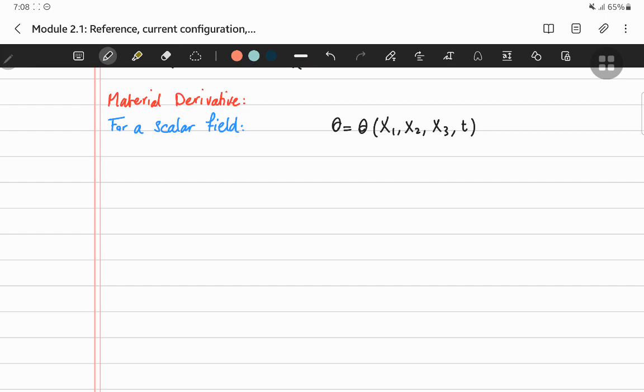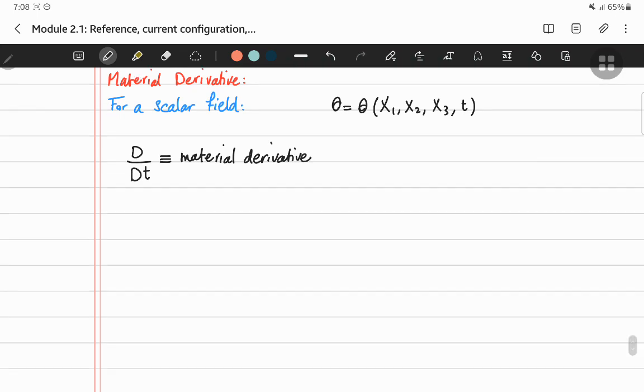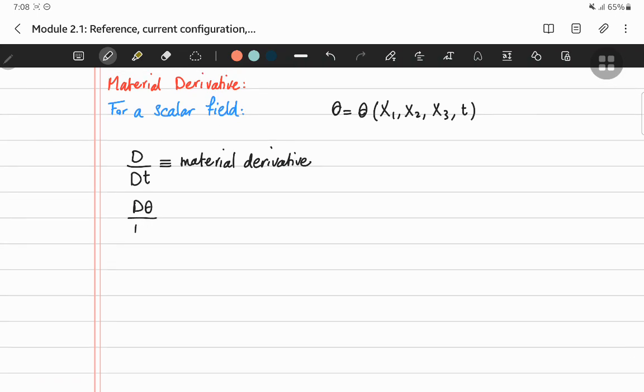All right. So if you want to take the derivative, this material derivative is defined as this. So this is the material derivative. If you want to calculate d theta with respect to t, then we get the partial derivative of theta, which is a function of x1, x2, x3, and t, with respect to t, where xi is fixed.